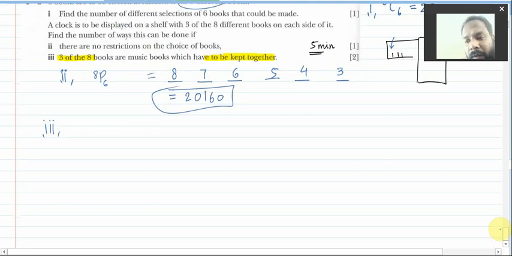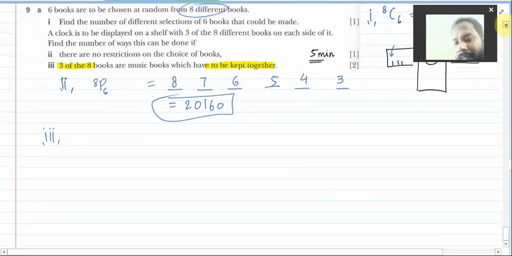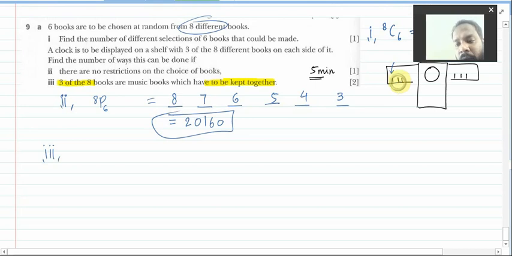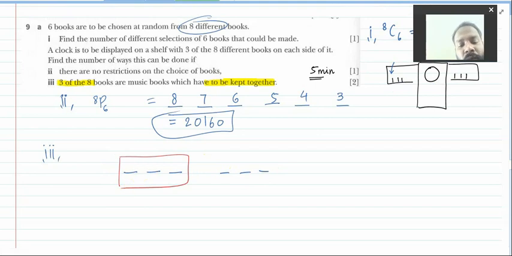Keep in mind that I have drawn the sketch here of the clock. So we have 3 options here, we have 3 options here. So I am going in such a way 1, 2, 3, 1, 2, 3, and in the center we have the clock. The condition is these 3 books, let's suppose these 3 are music books, so they need to be kept together, right? So inside that box they can be shuffled.